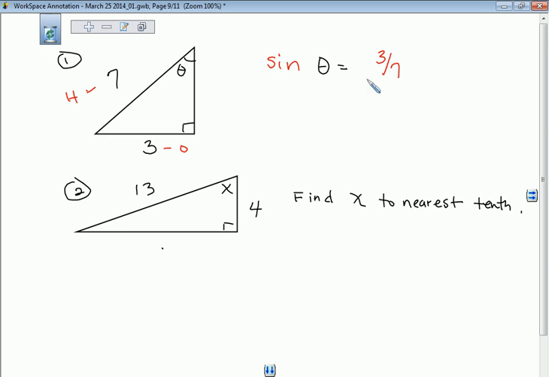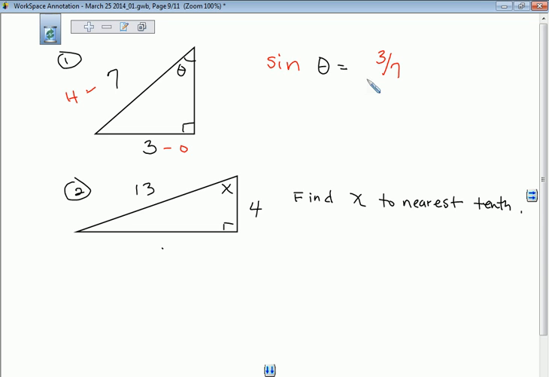Now, in math, we're always looking for a way to solve. And to solve things, we usually have to find things that undo each other. You started back in elementary school, like we learned how to undo addition. What did we use? Subtraction. We learned how to undo multiplication. What did we use? Division.